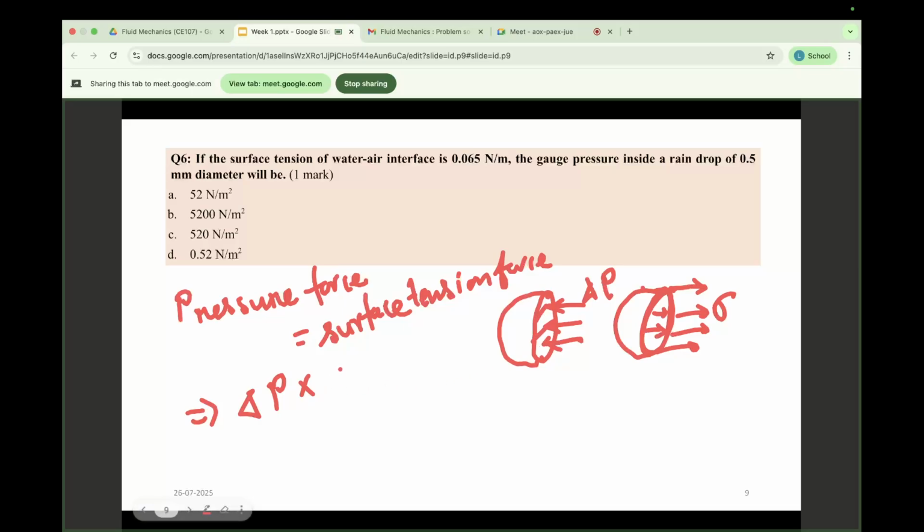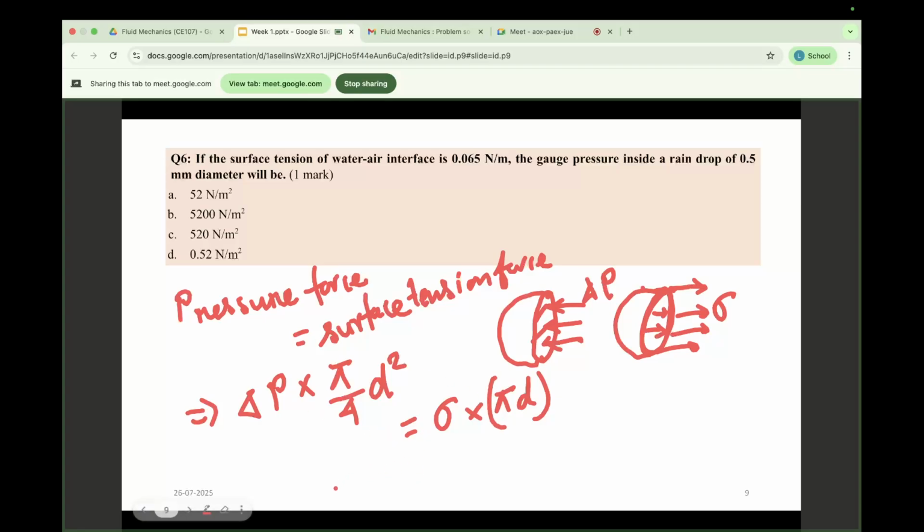The cross section area of the circle is pi by 4 d square, right? And the surface tension force acts on the periphery, the circumference. So that is sigma into the circumference of a circle, pi into d.